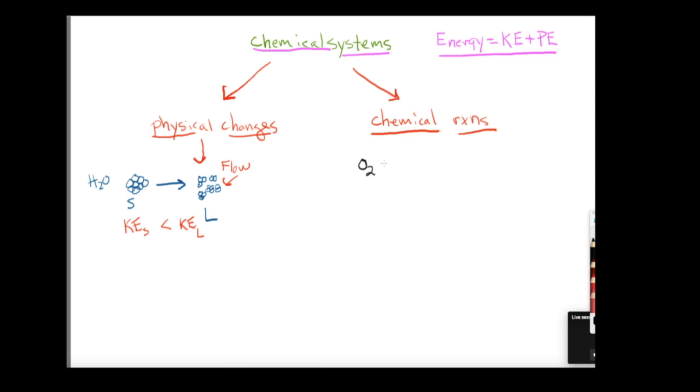And the example that I want to focus on here is the reaction between oxygen and hydrogen to produce water, H2O. And you guys have been doing this reaction in the laboratory since last August. This is the test for hydrogen gas.